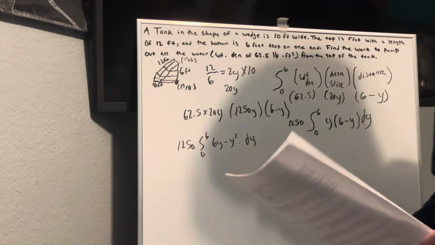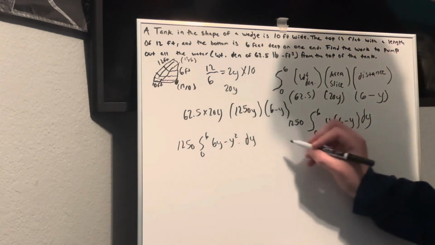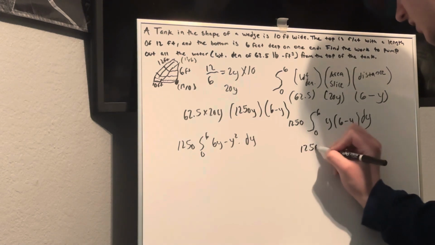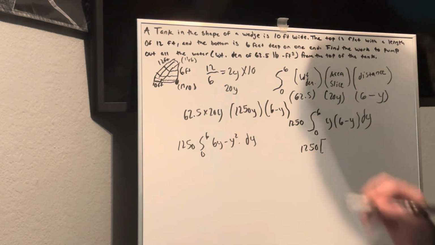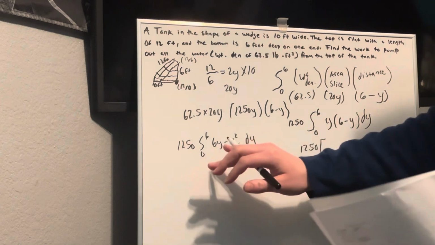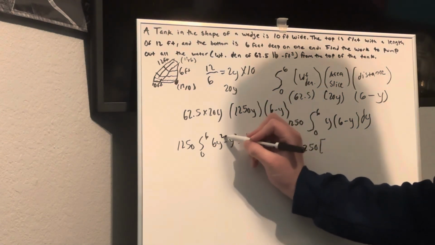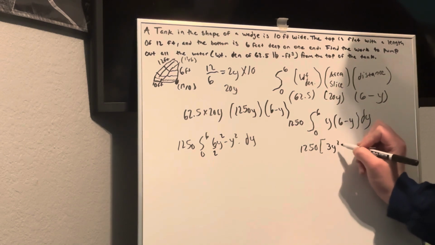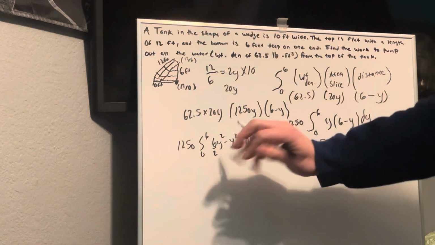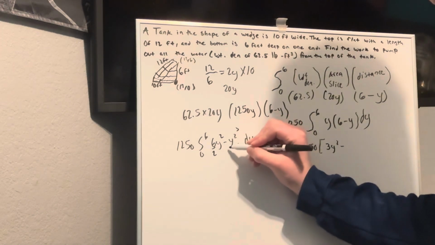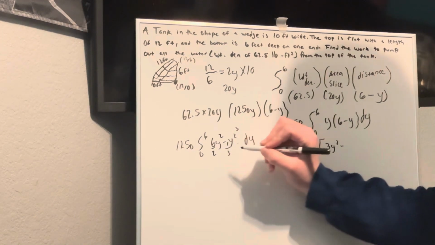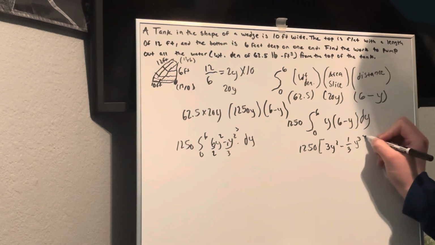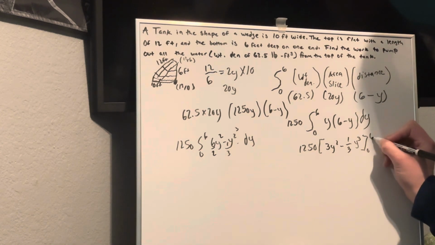We can take the antiderivative. So 1250 is going to stay here. The 6y becomes 6y squared divided by 2, which is 3y squared, minus 1/3 y cubed, over the bounds of 0 to 6.